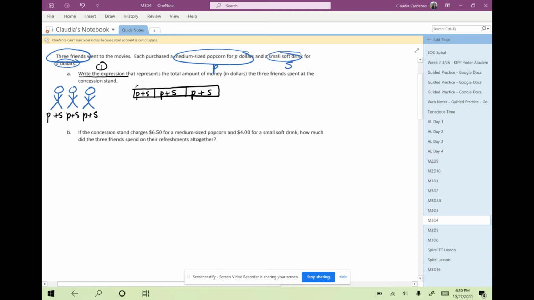So in order to find the entire total, right, the total amount, I'm going to write this algebraically or as an expression so that I could solve it if I knew how much the popcorn was and how much the soft drink was.